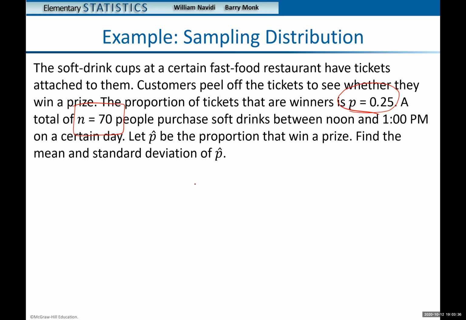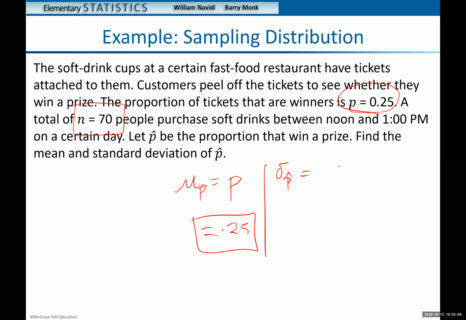So the mean is equal to the population proportion, which is 0.25. The standard deviation of all the p hats is equal to the square root of p times 1 minus p over n.